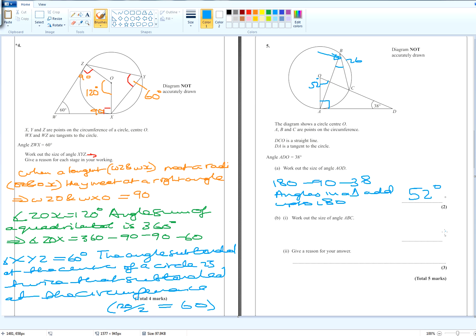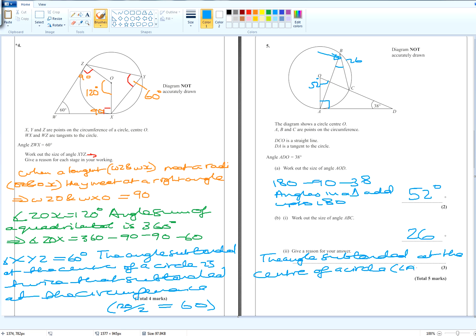Okay. So angle ABC we said is equal to 26 degrees. Why is it equal to 26 degrees? Let's give some reason first. The angle subtended at the center of a circle. Now, where's the center of the circle? We're talking about angle AOD, aren't we? Yes.